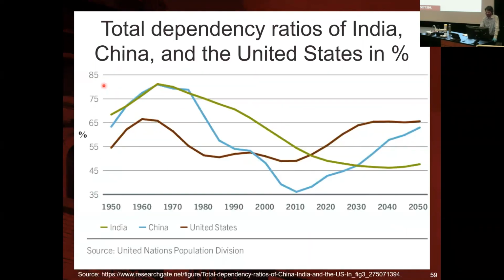Maybe it's not going to increase to the high levels that we had in the past, in the green line here for India, but you start to see some expected increases for the next decades, exactly because fertility declined, so you had this overall decline. But as people start to live longer because of improvements in mortality, you start to see projections expecting an increase in the total dependency ratio.